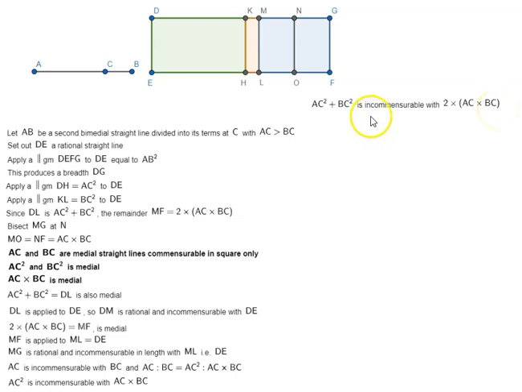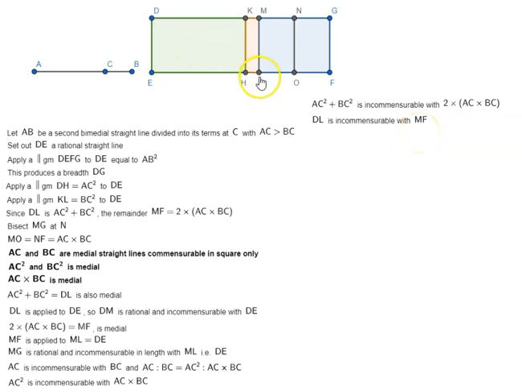Because here, remember, BC square is commensurable with AC by BC. But since AC square is incommensurable with AC by BC, AC square plus BC square is incommensurable with 2 times AC by BC. Now, AC square plus BC square is DL and 2 times AC by BC is MF, which means DL is incommensurable with MF.